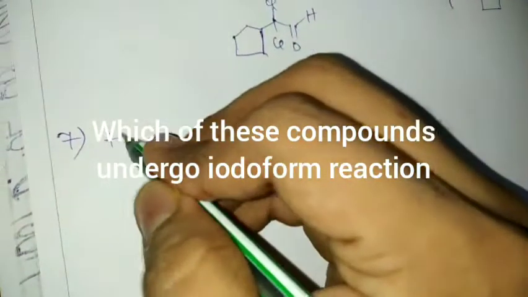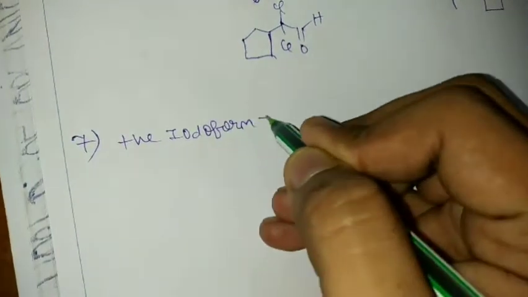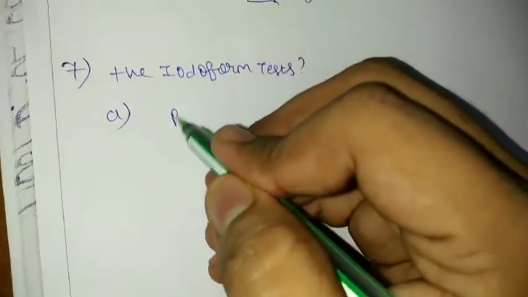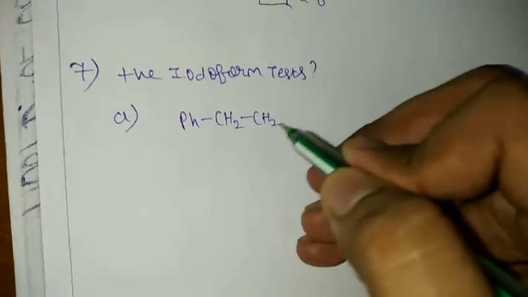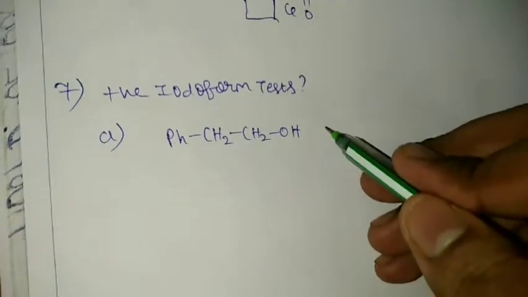I'll answer. So which compounds will give a positive iodoform test, they've asked. So we can write, they have given this compound. This will undergo what?